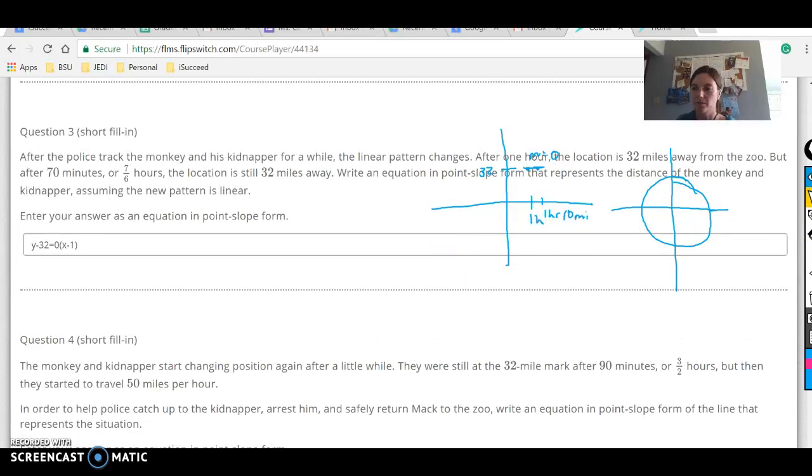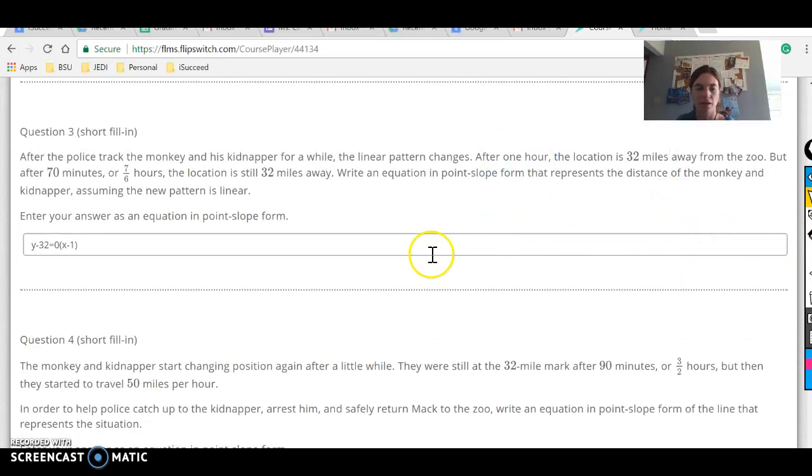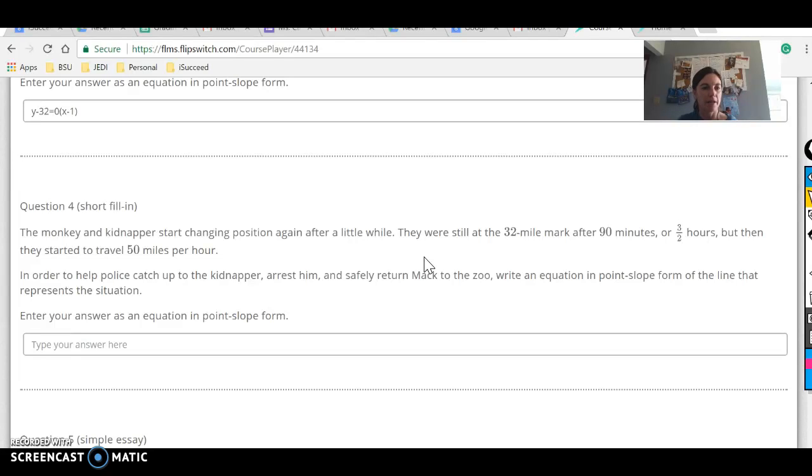So let's scroll down here. The monkey and the kidnapper start changing positions again after a little while. They were still at the 32-mile mark after 90 minutes, or 1.5 hours, or 3/2 of an hour. But then they started to travel 50 miles an hour. In order to help the police catch up to the kidnapper, arrest him, and safely return back to the zoo, write an equation in point-slope form of the line that represents this situation.